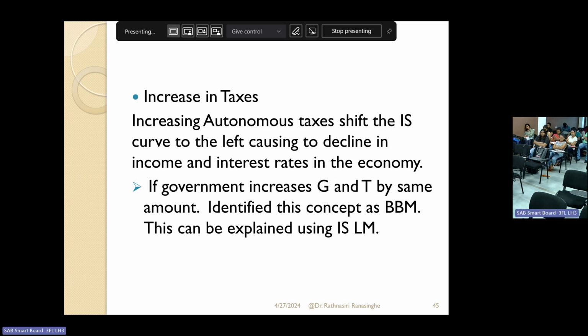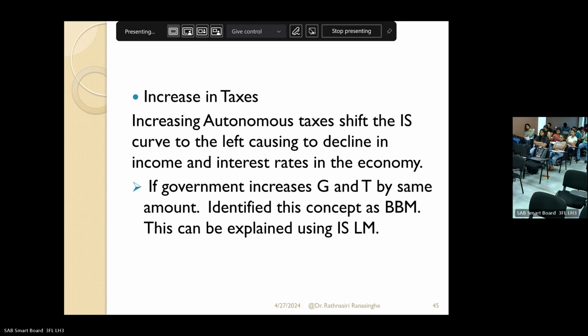So why are there such changes in the economy? Now the taxes, if the IS goes to the left.